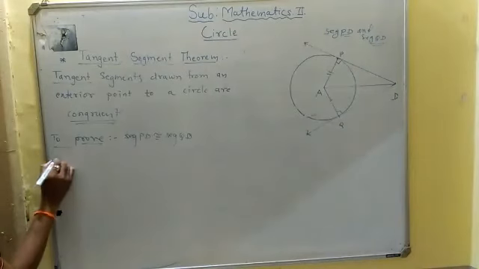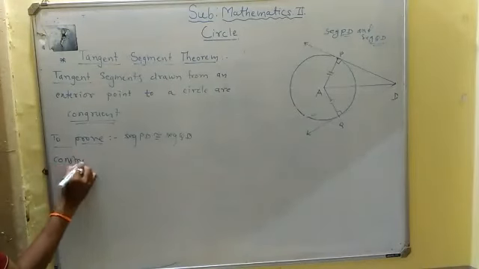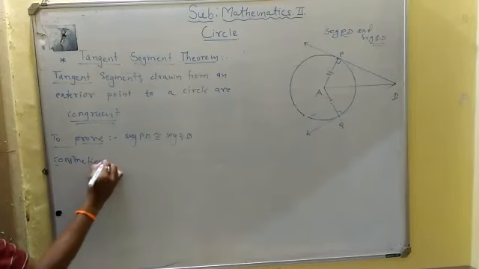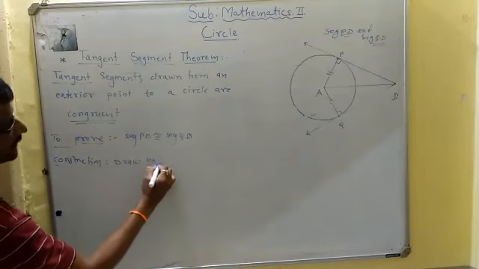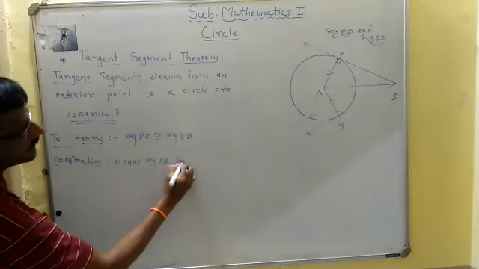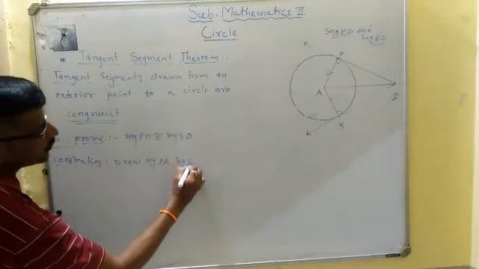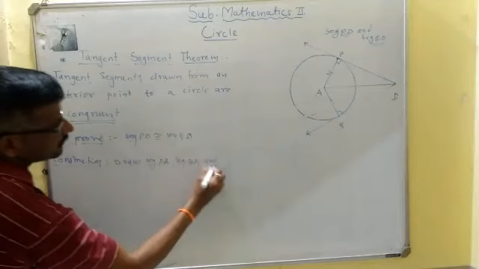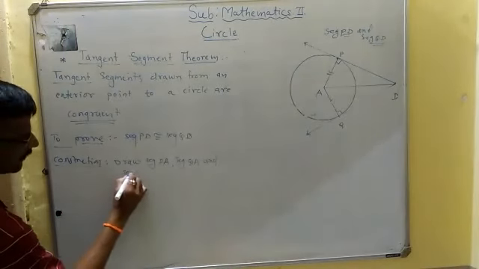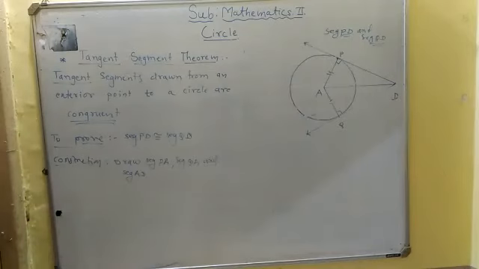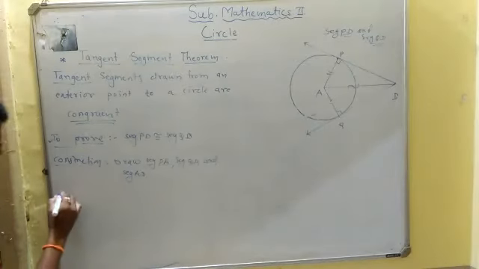What is the construction? Draw segment PA, segment QA, and segment AD. Okay, now we are going to write the proof.